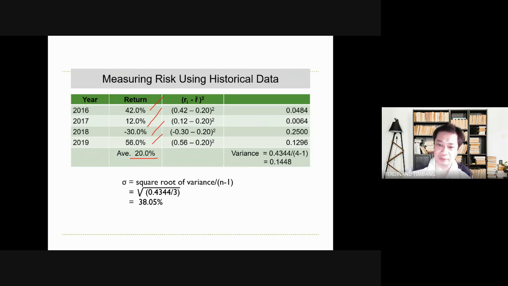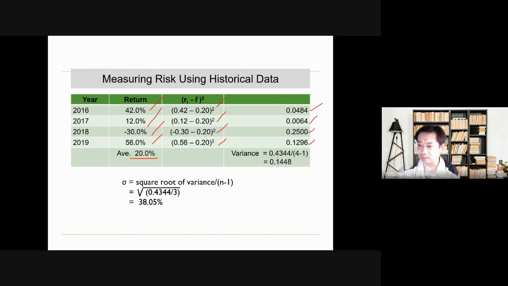Tapos nun, since this one does not have the probability, we simply deduct the mean from the return. So ito yung 0.42 minus 0.20, then raised to the power 2. 0.12 minus 0.20 raised to the power 2, and then so on.